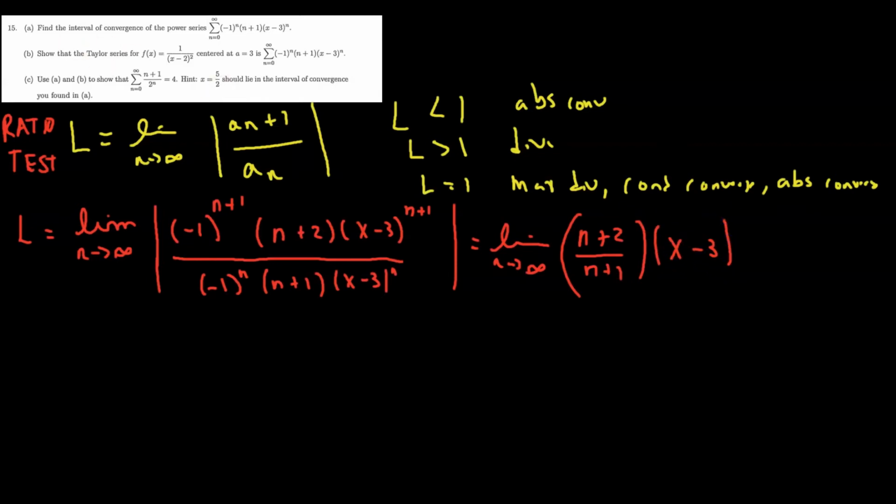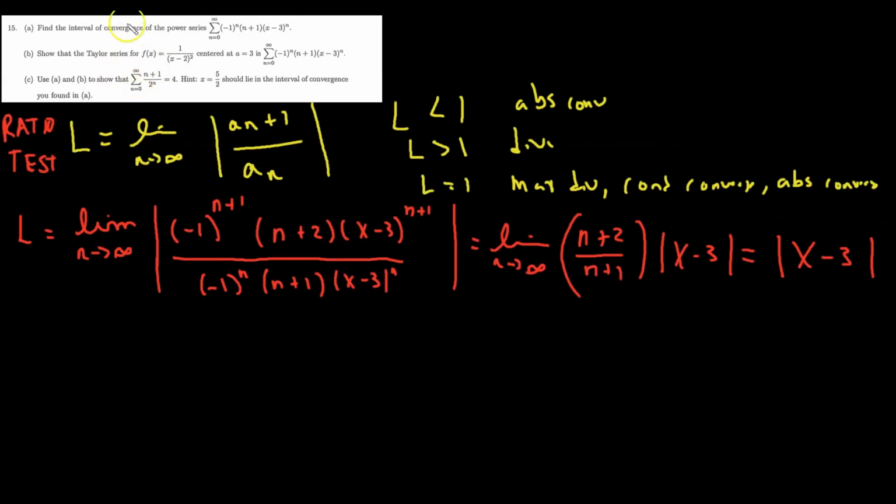That would be absolute value of x minus 3. It's very important. Which is just equal to, if we evaluate the limit here, we divide everything in each term by n. You'll see that this 2 over n will go to 0, this 1 over n will go to 0. You'll just be left with 1 over 1, so your limit is x minus 3 absolute value.